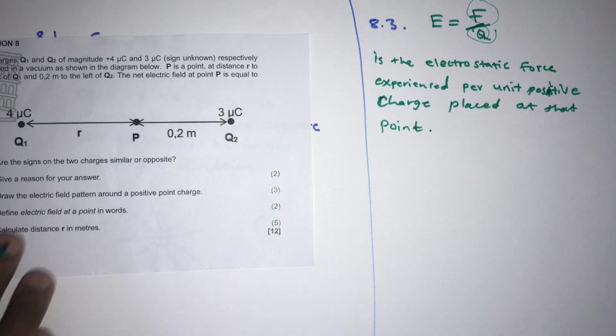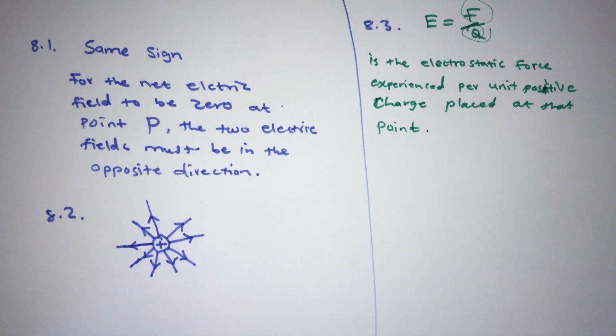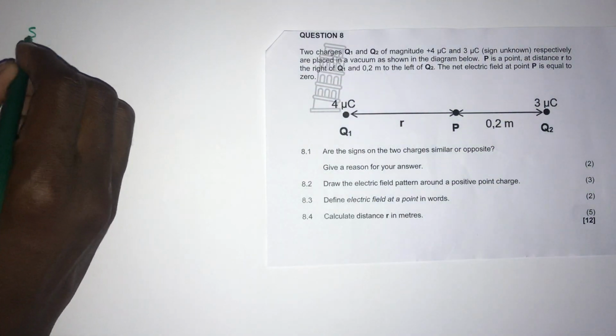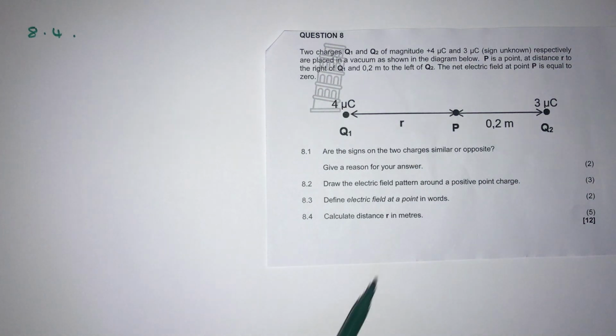Now 8.4, for 8.4 we can just open a new page. So 8.4, you calculate the distance in meters. That means the distance r in meters. So they're talking about this r.